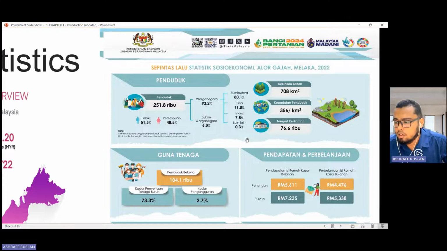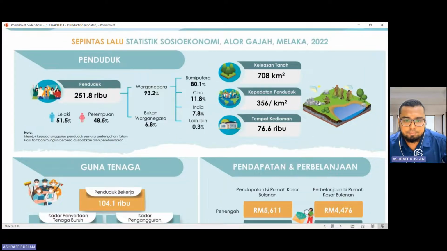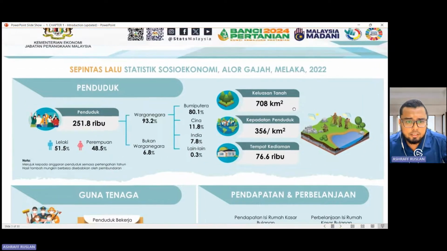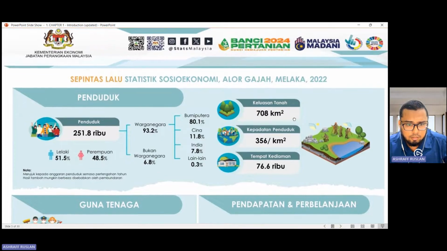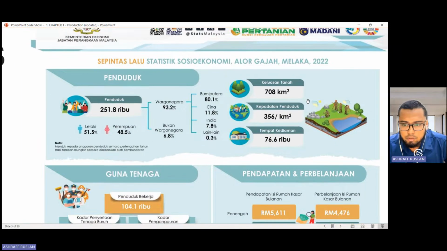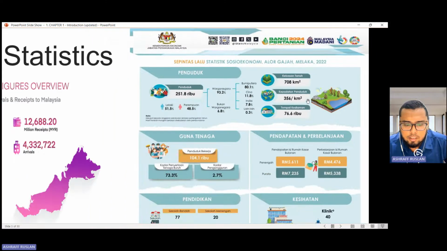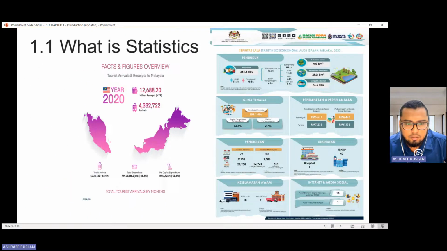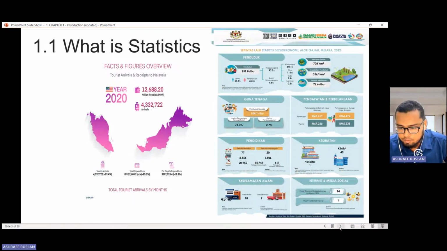So this is actually also the statistics about the social economy in Alor Gajah, Melaka. So quite recent, this data is quite recent, 2022. Okay, kita akan nampaklah statistik penduduk, keluasan tanah. Okay, those are the compilation of the figures.